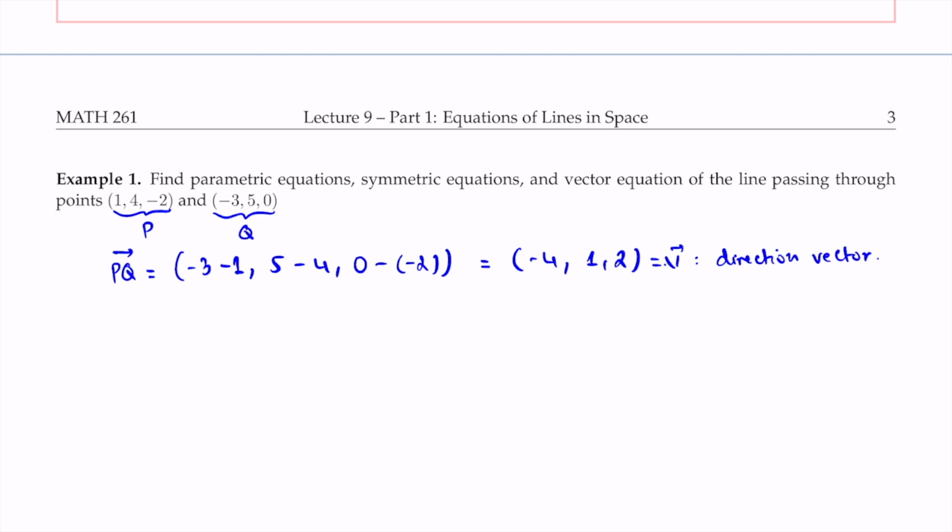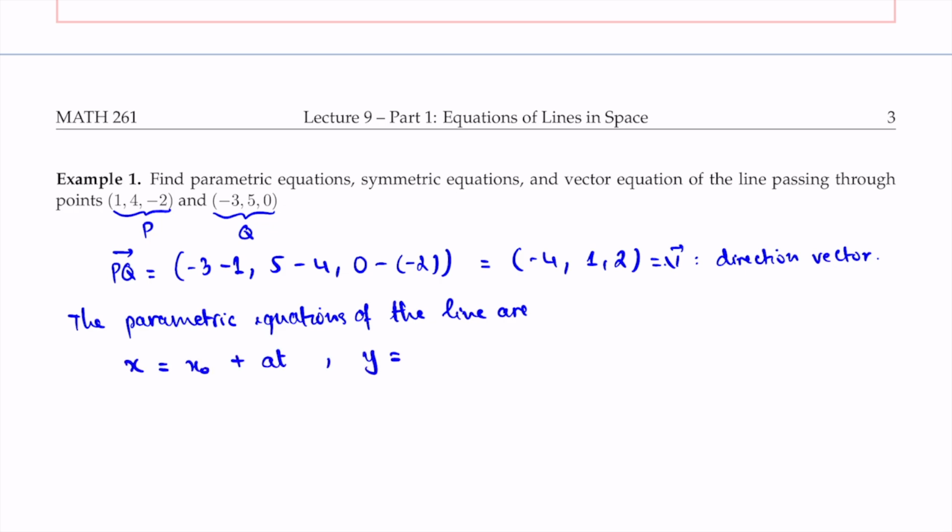Now, given a point, choose any point you like, and the direction vector, we can write down the parametric equations of the line. They are x equal to x0 plus a times t, y equal to y0 plus b times t, and z equal to z0 plus c times t.